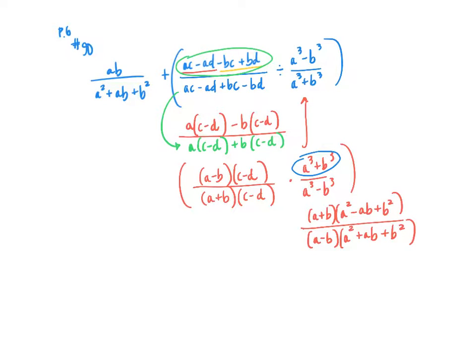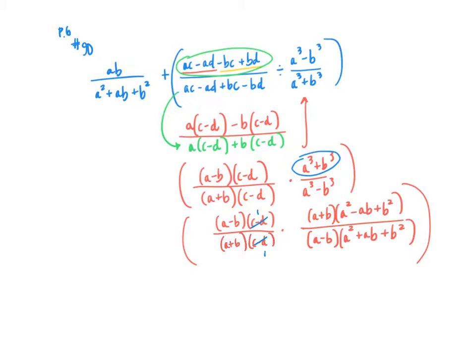Now keep in mind I'm going to have that big parentheses. Now right here I could have even canceled a binomial right here, that C minus D over C minus D. I could have done that earlier on, but I just waited.